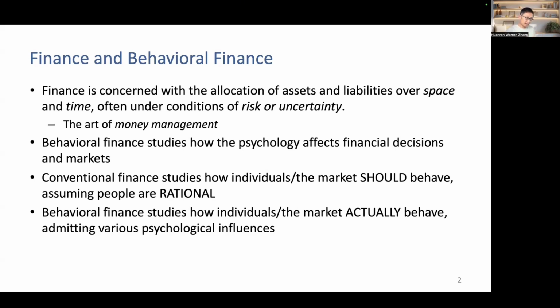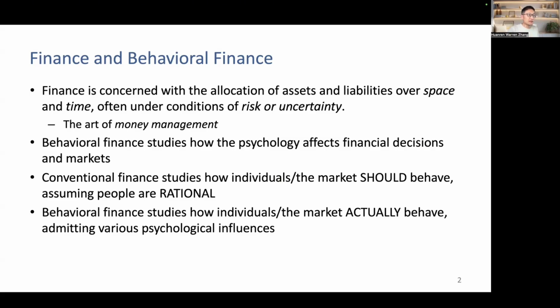Behavior finance studies how individuals and the market actually behave, under various psychological influences. So behavior finance is so-called descriptive. It describes what people actually do in financial decision making.